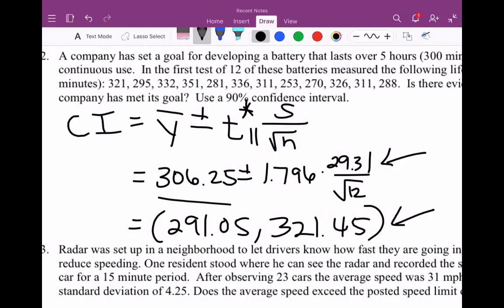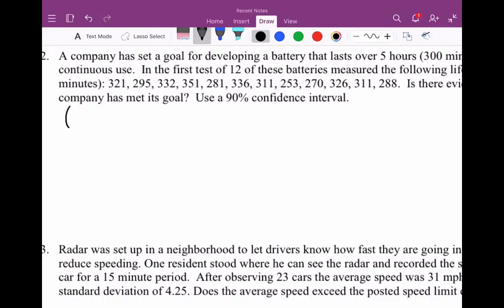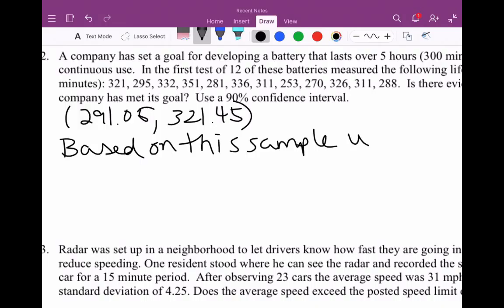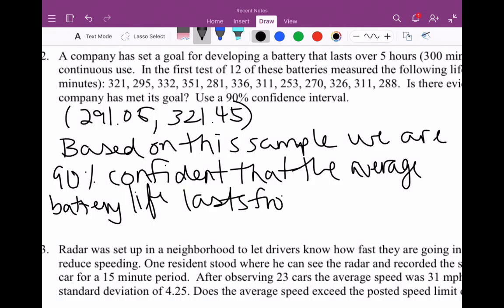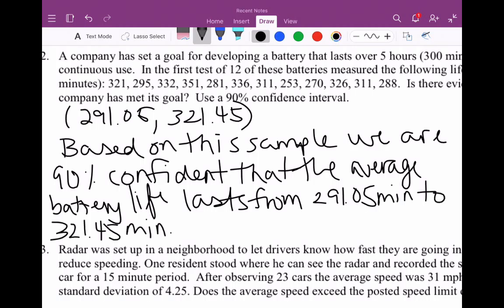So for this interval, which was, again, 291.05 to 321.45, based on this sample, we are 90% confident that the average battery life lasts from 291.05 minutes to 321.45 minutes.